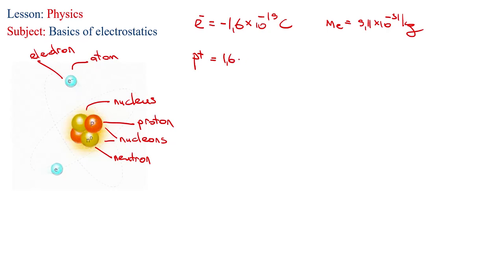It's positively charged, and that's why it's not minus, it's plus 1.6 times 10 to the power of minus 19 coulombs, and the mass of the proton is 1.64 times 10 to the power of minus 27 kilograms. The charge of the neutron, since it's neutral, is 0, but the mass of the neutron is a bit more massive than the mass of the proton. It's 1.67 times 10 to the power of minus 27 kilograms.